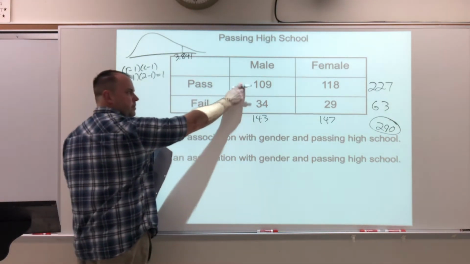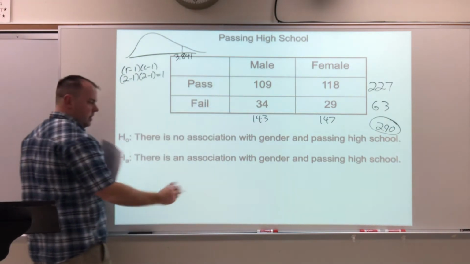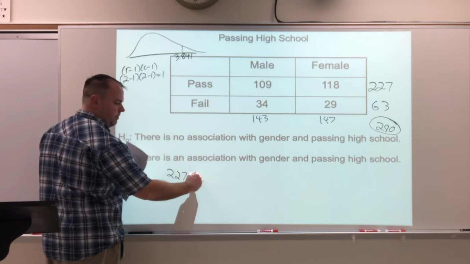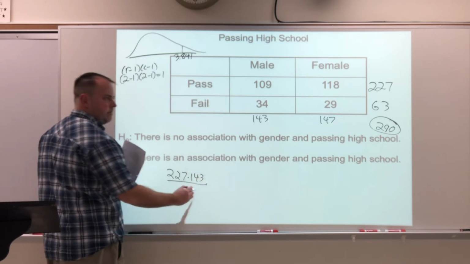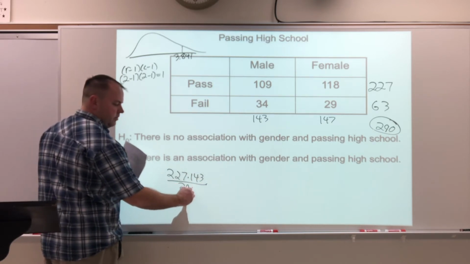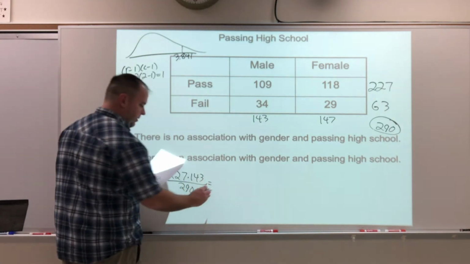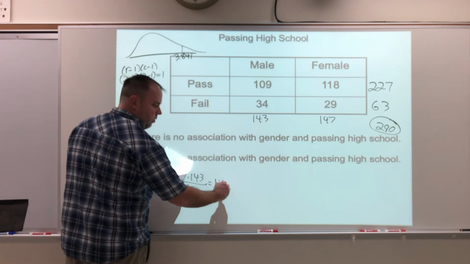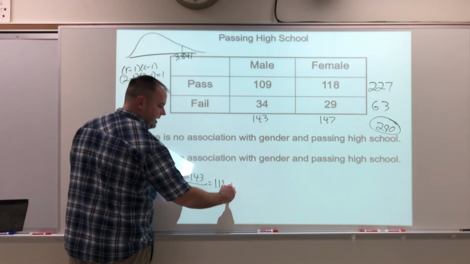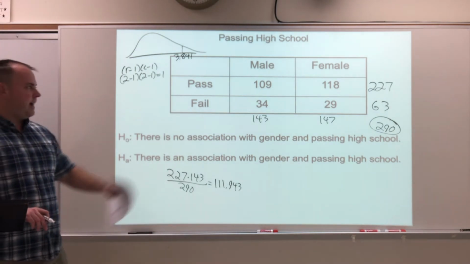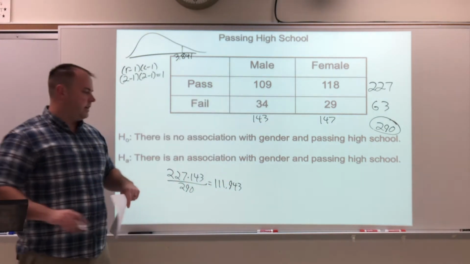So for this first cell here, males and passing, we're going to have 227 times 143 divided by 290. Getting that should give you, to 3 decimal places, 111.934. That would be our expected value for that first cell here.